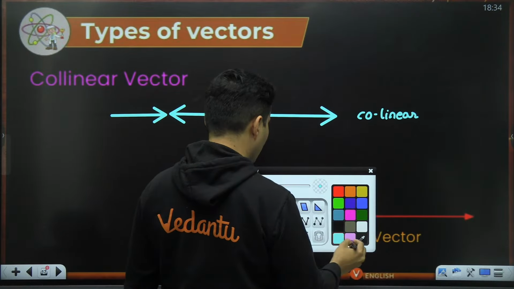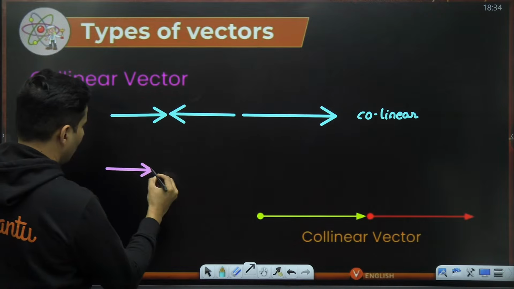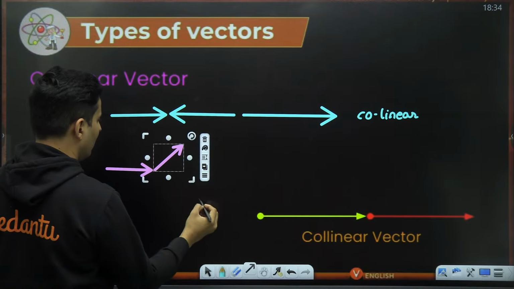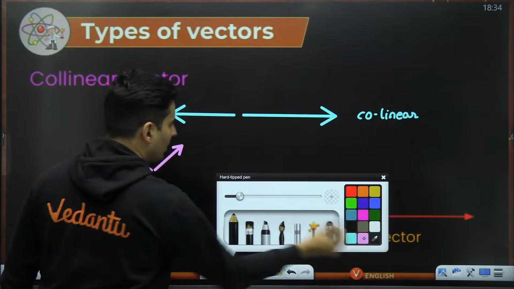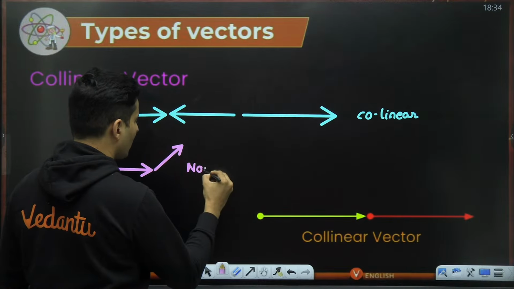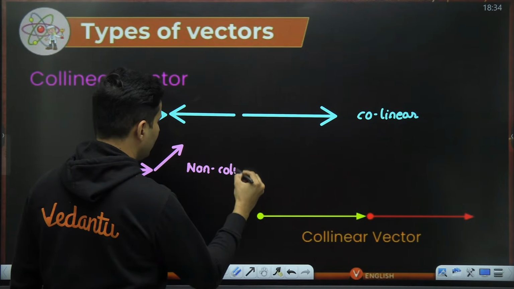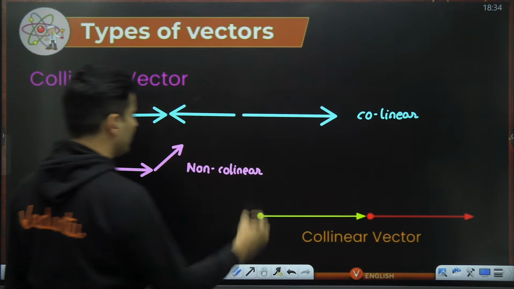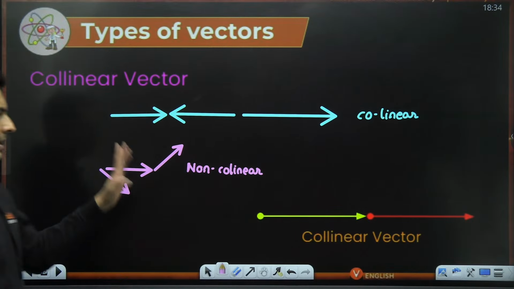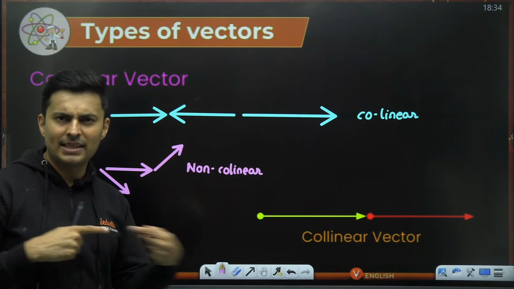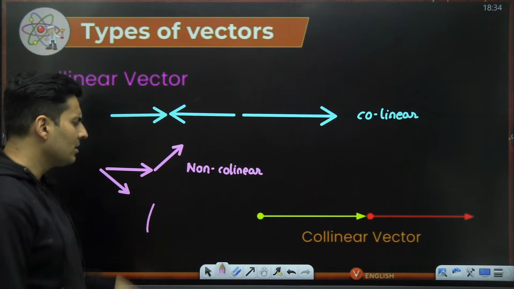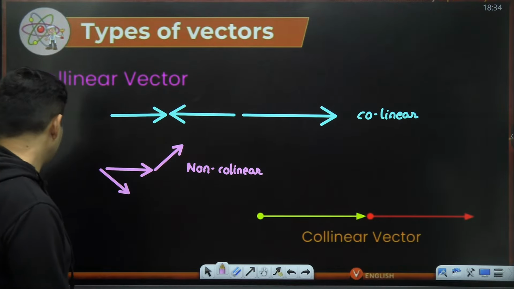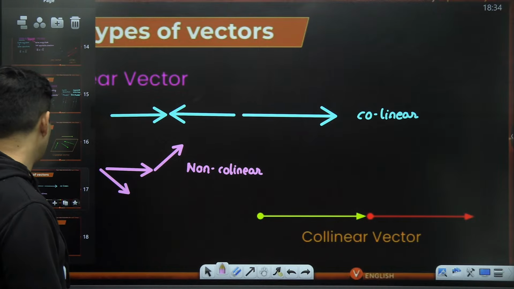But for example, this vector along with maybe this vector and this vector are 100% non-collinear vectors. Is that understood? If they are along the same line, maybe same direction or not the same direction, they are collinear. If they are not along the same line, they are 100% non-collinear vectors. These are simple mathematical terms as well.